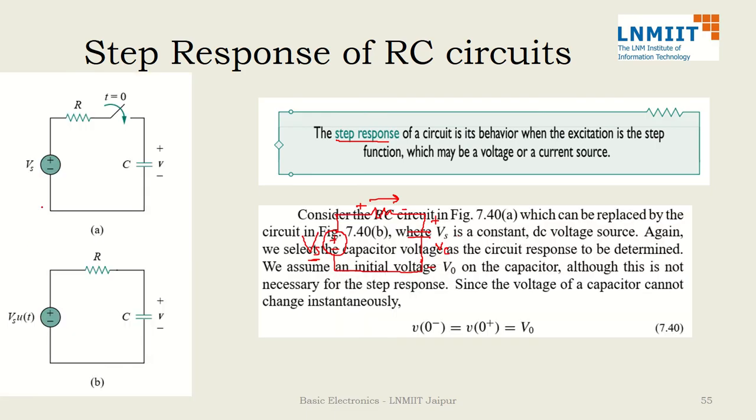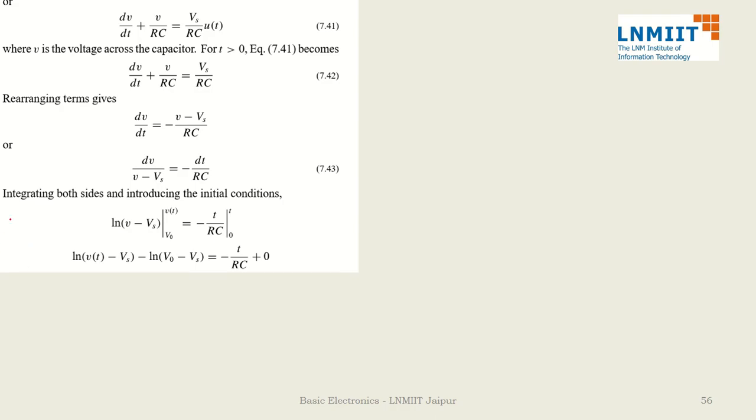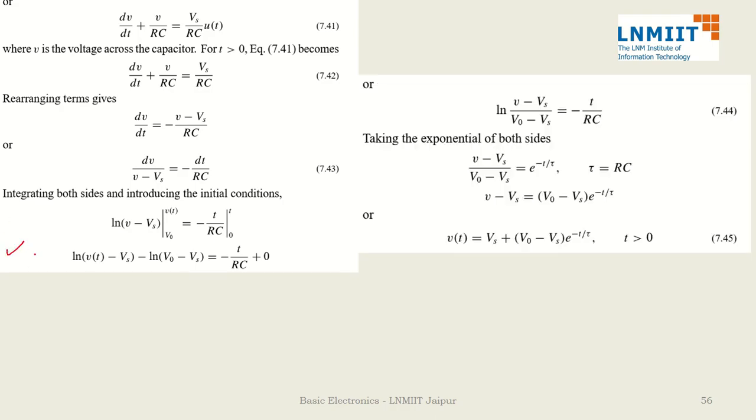So if I have a circuit like this, we can go through the derivation and come to the final equation which we have in terms of voltage source, initial voltage across capacitor, and time constant tau. Let us try to understand what is happening here. When we discussed natural response, we said natural response was V naught e raised to power minus t by tau.